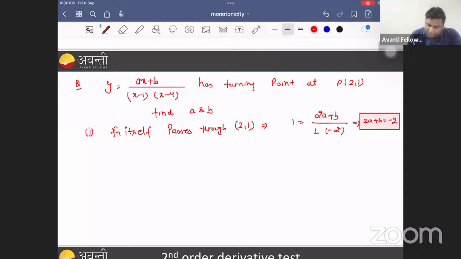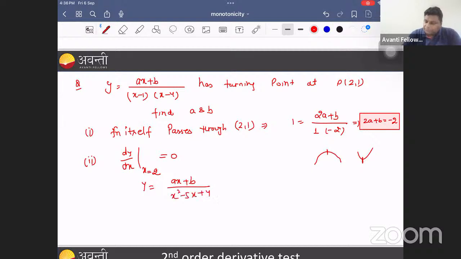Now the second situation. If this (2, 1) is a turning point, that means dy/dx at x equals 2 is actually 0. This should be something like this graph or like this graph. So here the derivative is going to be 0. Now I'm writing y again: y equals (ax + b) upon (x square minus 5x plus 4).